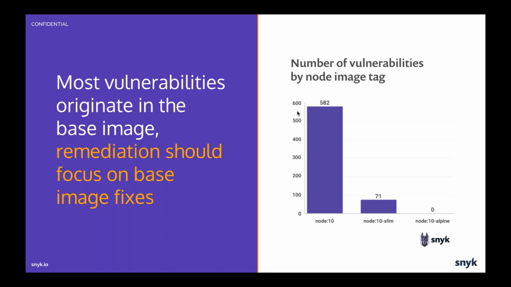Most of those vulnerabilities come from that base image, and you can see here the differences, for example, between Node, Slim, and Alpine. Just a small comment here that Alpine doesn't have a formal security program, so this could be somewhat different, but still, you can see the large differences, and that's one of the key actions that developers can take to reduce risk.